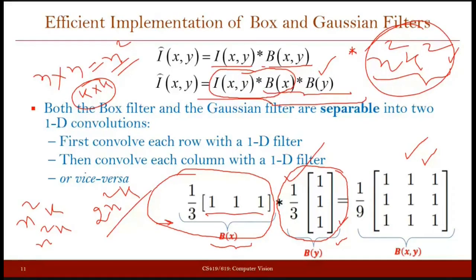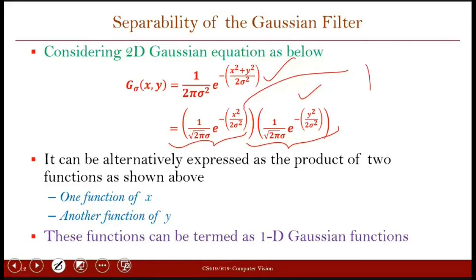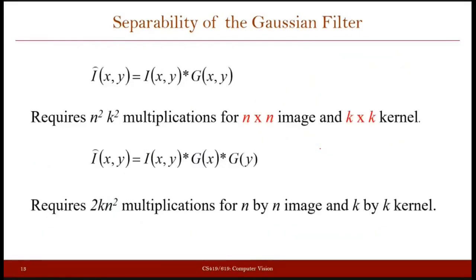And the same is true for the Gaussian filter. In the Gaussian filter also, the equation that we saw for the Gaussian can again be broken down into an expression where the first part has the variable x and the second part has the variable y. So this one defines the filter in the x direction, and this defines the filter in the y direction. In place of convolving the image by this filter, you can first convolve it with this filter, and then whatever output you get, if you convolve that with the other filter, you will get the same effect. You can understand this from this equation.